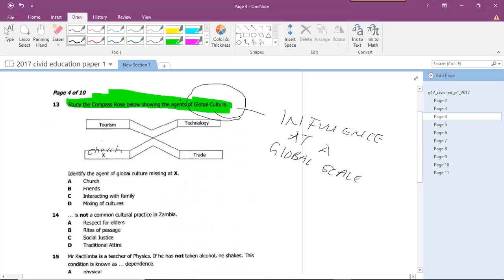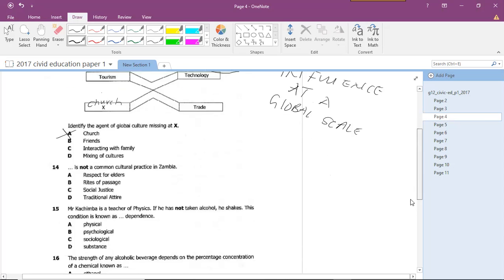Tourism affects our culture at a global scale. Technology affects globally, trade, imports, exports, global scale. The church is extremely global. Friends, interacting with family, mixing of cultures, those don't affect that much at a global scale, but the church does. So what's missing here is A.